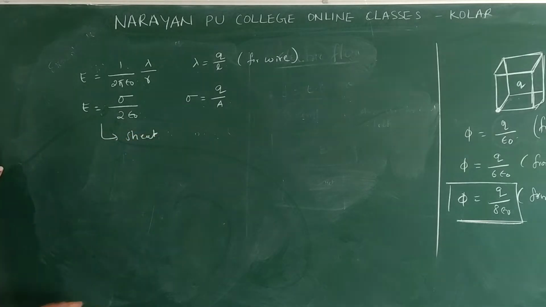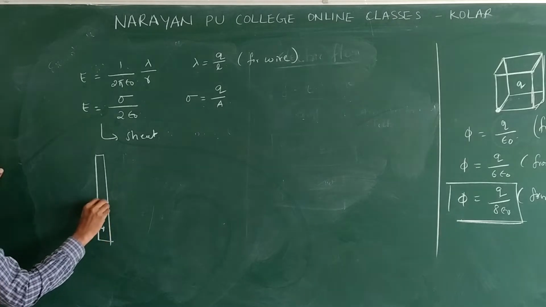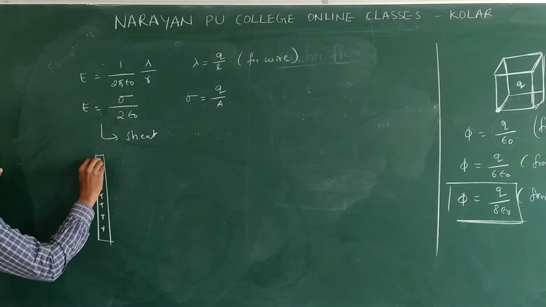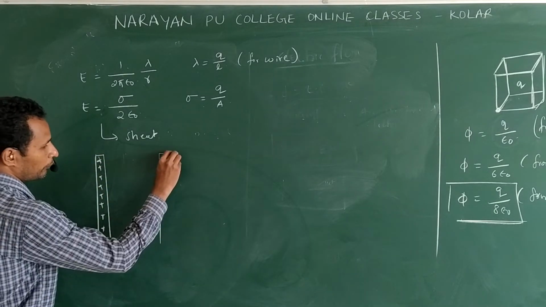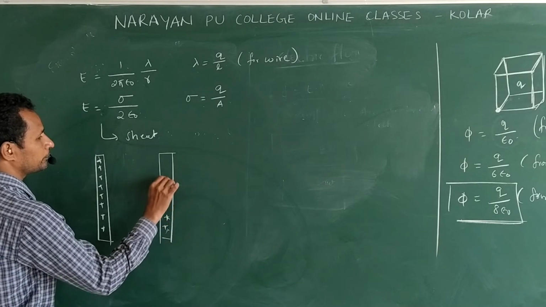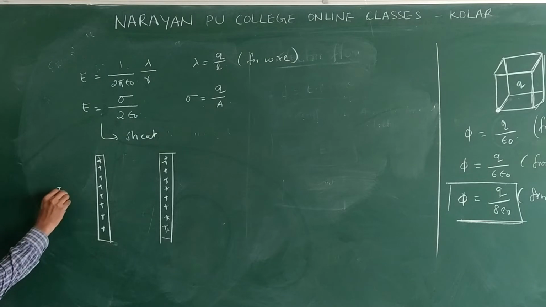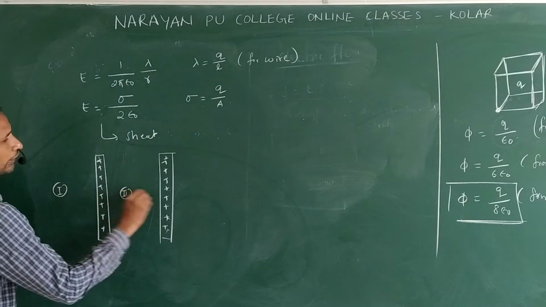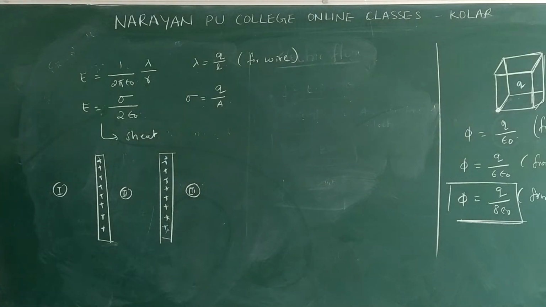Now, for a sheet, we do have a question. Suppose this is an infinite positively charged sheet, and we take another positively charged sheet. So region 1, region 2 and region 3. If they ask for the electric field in region 1, region 2, region 3, how do we do it?